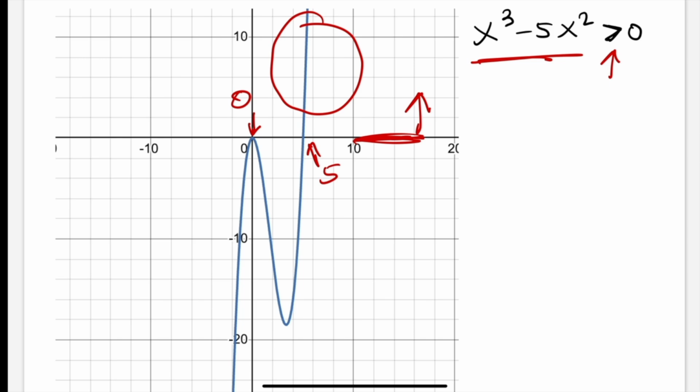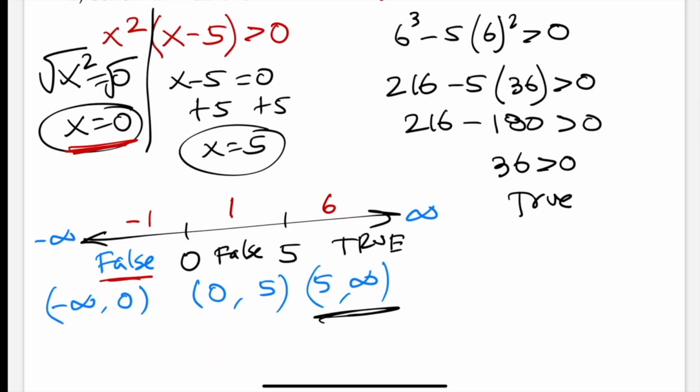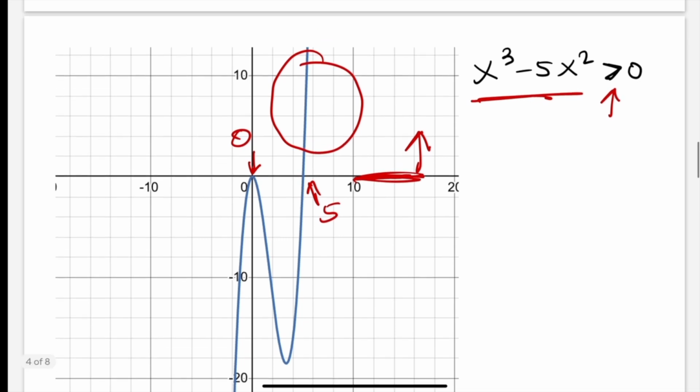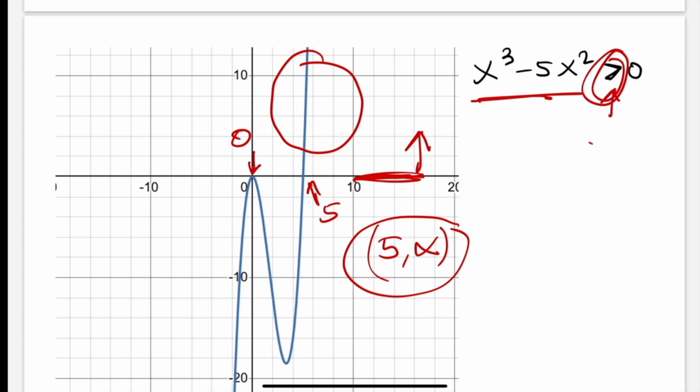Let's go back to the problem. You see my zeros? 0 and 5. Okay, those are the x-intercepts on your graph. So where's my graph above the x-axis? From 5 to positive infinity. So this is my answer. Remember, parentheses, because there's no equal underneath the inequality symbol.